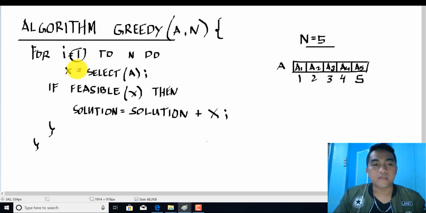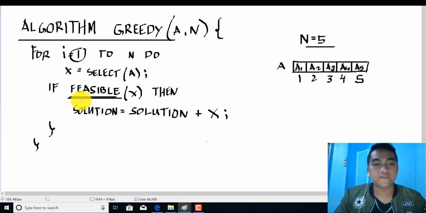will become X, and I have a condition that if that input X is feasible, it will be included in the solutions. For example, if I have feasible X, it is feasible, that means it is a solution for the given problem.